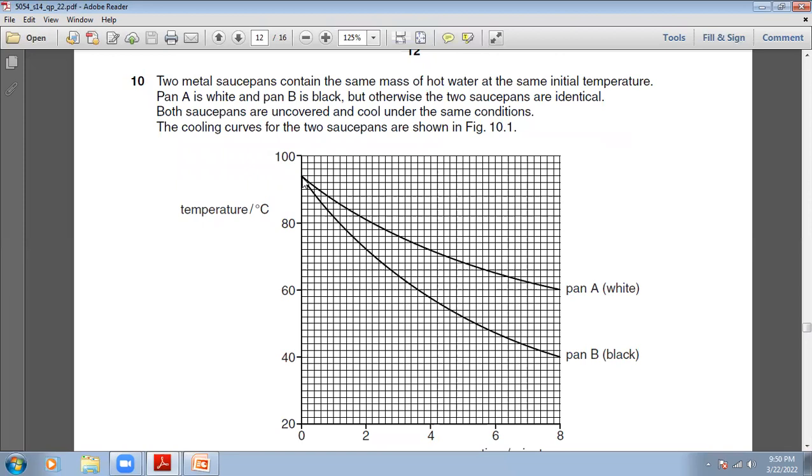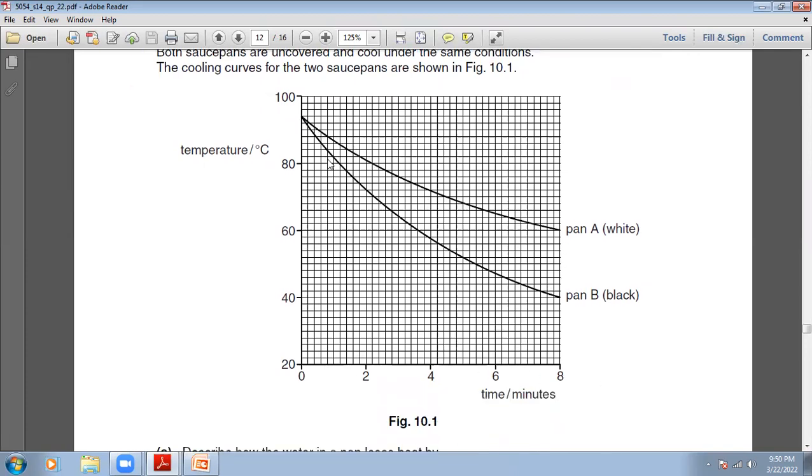So their initial temperature is, I think, 94, and during the 8 minutes, the temperature of pan A has dropped from 94 to, I think, something like 60, and pan B, its temperature dropped from 94 to 40.